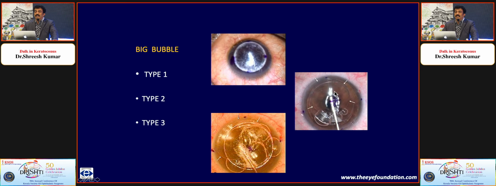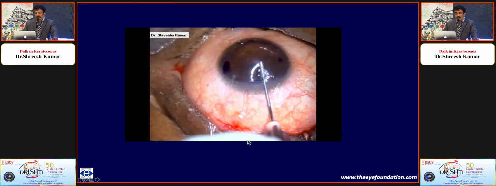Type 2 bubble is a thin margin bubble or a clear margin bubble, which is a large bubble as compared to the type 1 bubble, and it is more prone to perforation. And type 3 is a mix of type 1 and type 2 bubble. You can have a large type 1 and a small type 2, or a large type 2 and a small type 1 bubble.